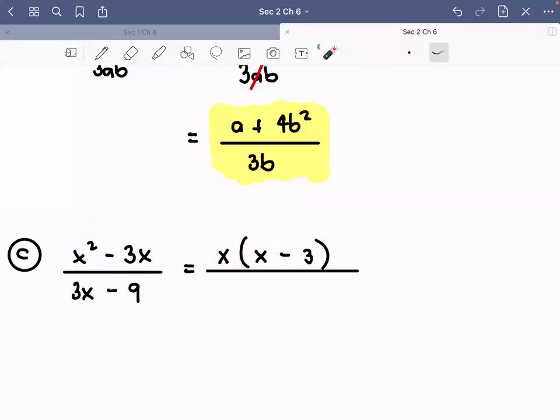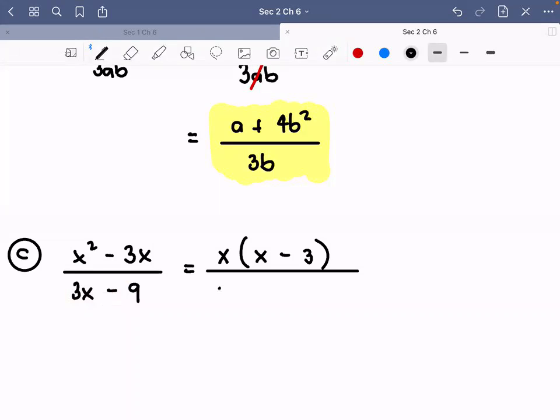How about our denominator, the bottom part? What's common? What is your common factor? How about looking at the numbers? Looking at 3 and 9, both of these are divisible by a common number, which is 3.